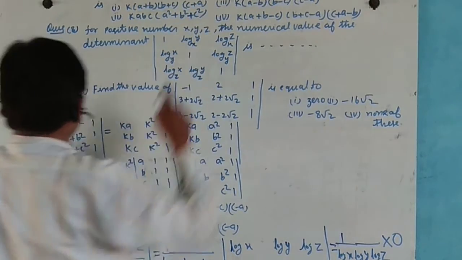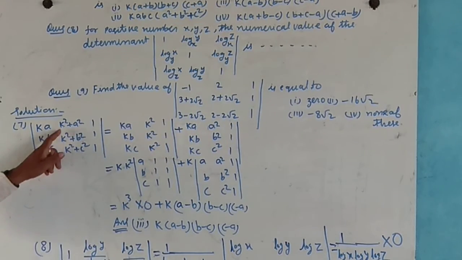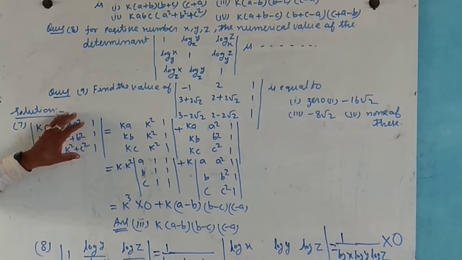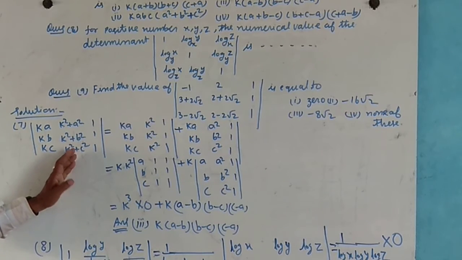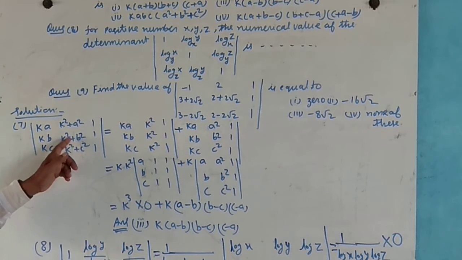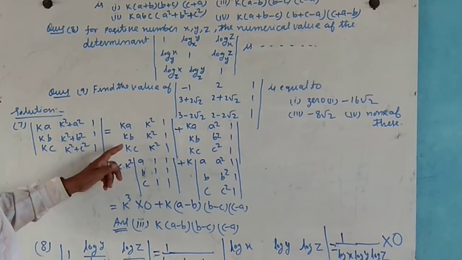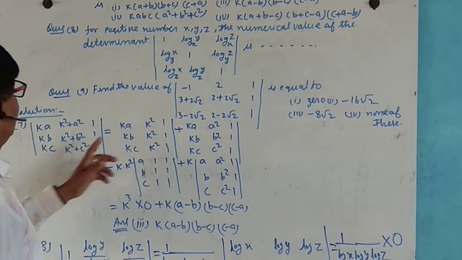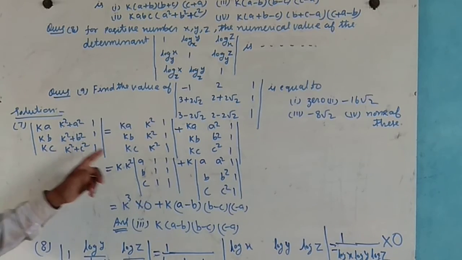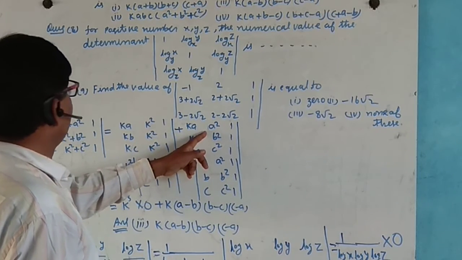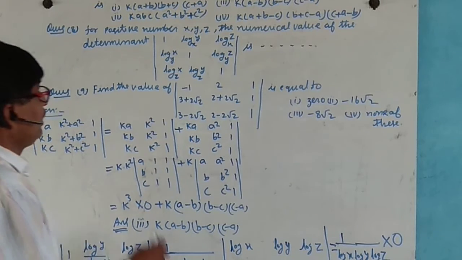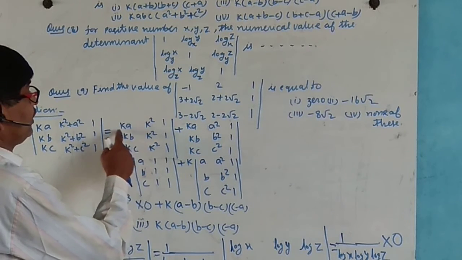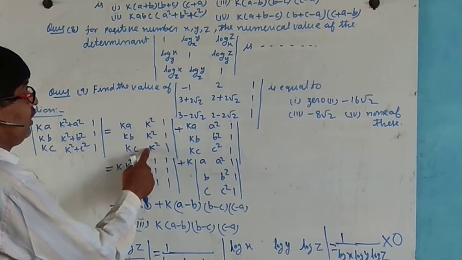The value of this determinant with K, KB, KC can be broken down into 2 parts, because here is the plus sign. So one part is K, KB, KC, and K square, 1, 1, and in another we remove the K square, so that this is A square plus B square plus C square. Here in this case we take the common K, and here K square.